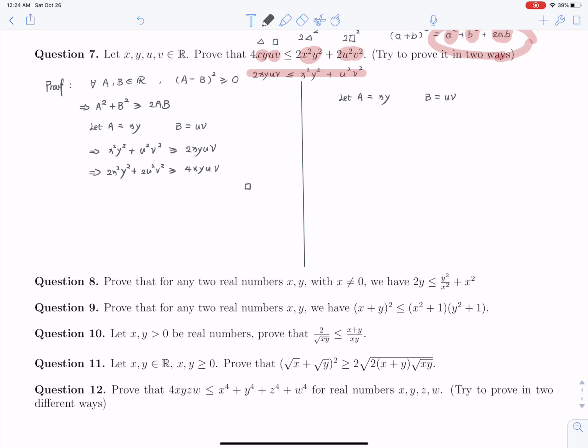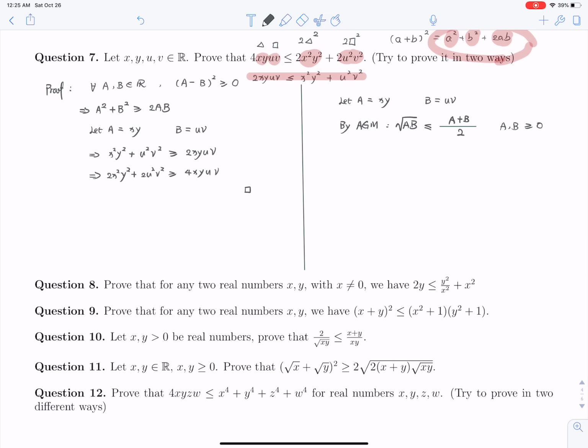By AM-GM, we have ab is smaller than or equal to (a plus b over 2) squared. Actually, this time, let's do this one, because our a and b are greater than or equal to 0. Oops, I think I made something stupid.